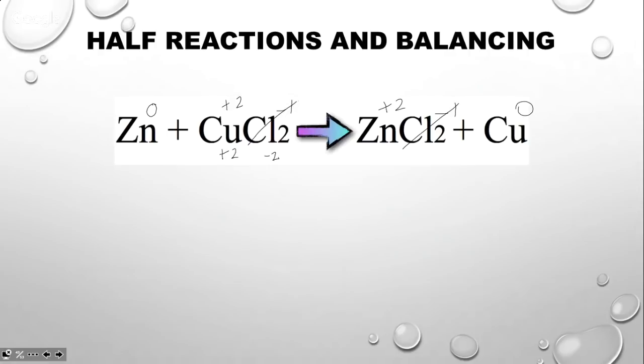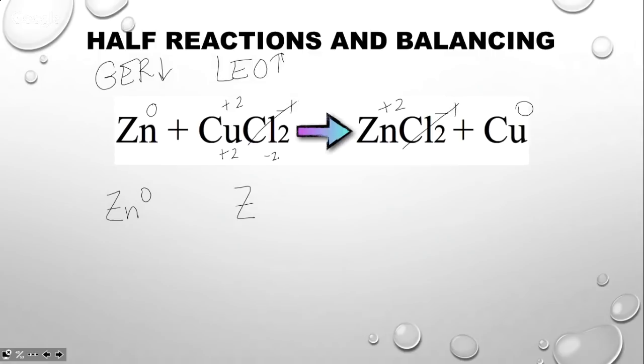If I want to do my half reactions, remember I say GER down, LEO up. Gaining electrons is reduction and the charge goes down. GER goes first because electrons go before the arrow in reduction. Losing electrons is oxidation and the charge goes up. LEO goes second because the electrons go after the arrow for losing electrons.